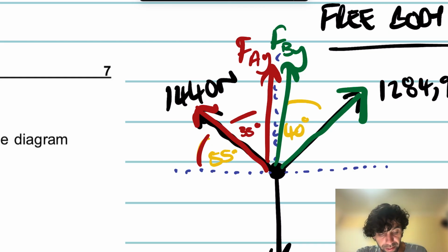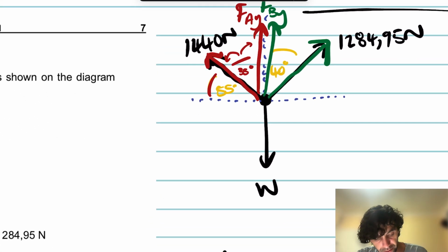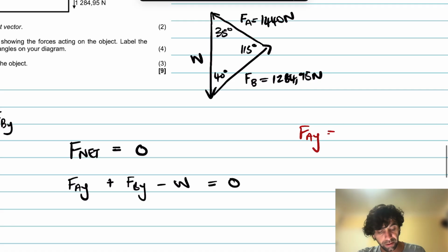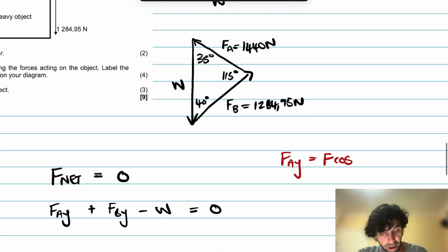That is going to be 35 degrees, right? Because this is a 90-degree angle. So I can use this 35 degrees. This is my hypotenuse, and this is my adjacent. So we know that we're going to use cos for this. This is F cos of 35 degrees.